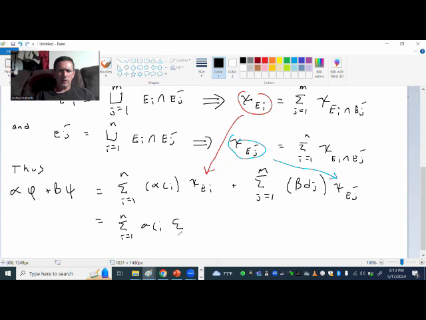I'm not going to write the parentheses. J equals 1 to m. Similar thing. And I'm going to interchange sums in a moment. So sorry, this is alpha here. So beta d_J, E_I intersect E_J prime.